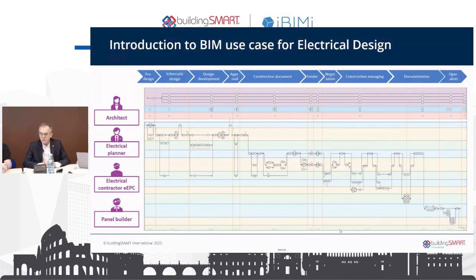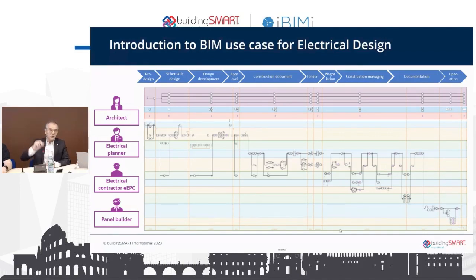So for what the use cases are concerned, as I said, the first thing we did and that we can share is, as you can see on the screen, this pretty complex process map. What is important to retain in this process map is that we have the definition of the different phases from an electrical point of view.